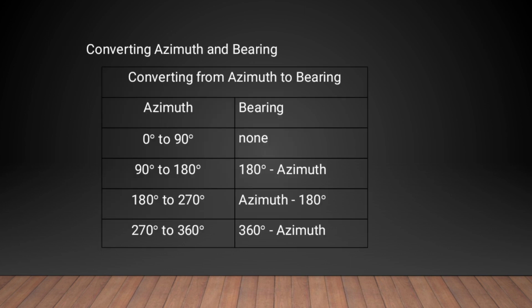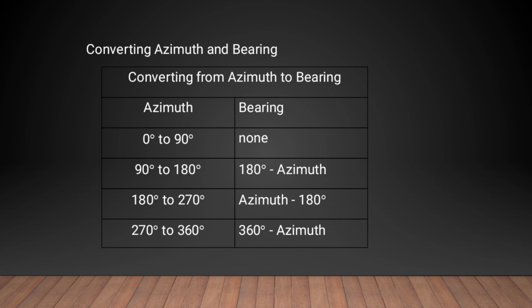So converting azimuth and bearing. So converting from azimuth to bearing. From azimuth, 0 degrees to 90 degrees is none, which is you can copy the azimuth.